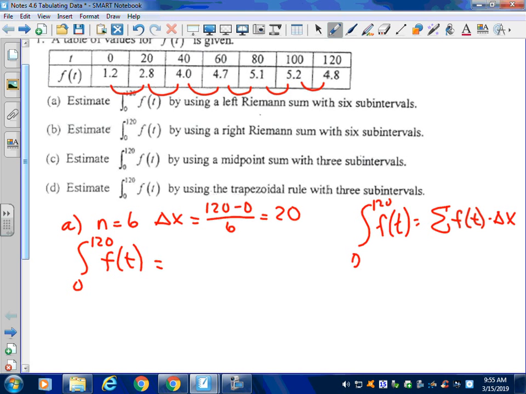But we know it is delta x, so I'm just putting it that way, because who knows what letters they're going to put over here. So we're going to do f of 0 times delta x, because we're doing a left Riemann sum. When you do a left Riemann sum, you start with the first point because that's going to be the left corner of your rectangle.